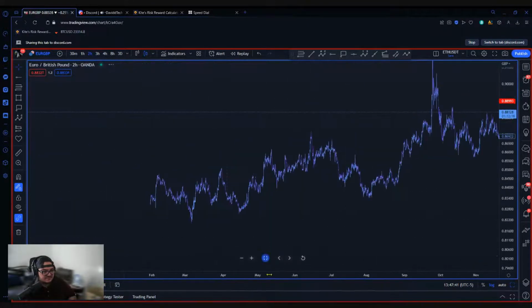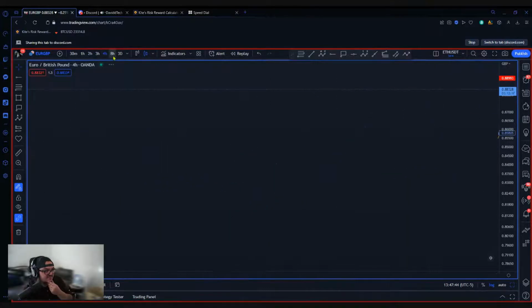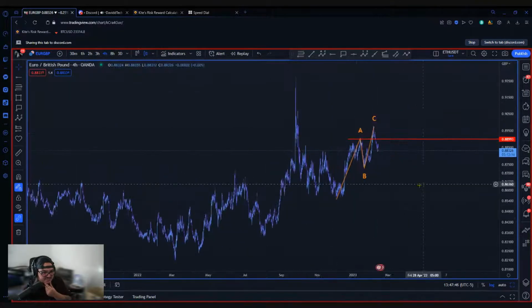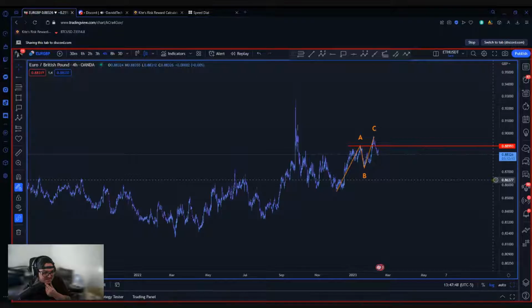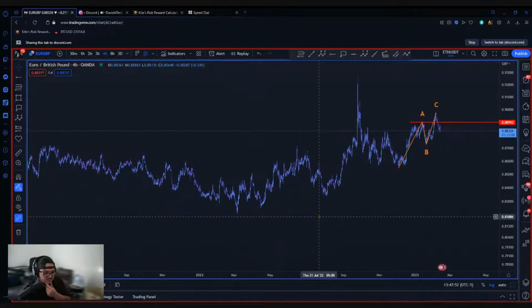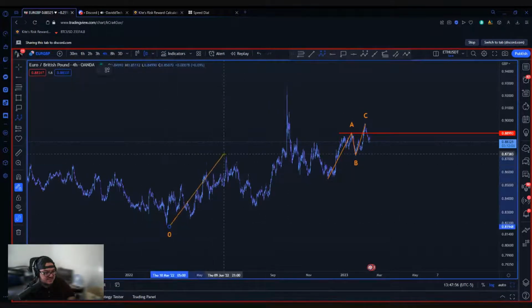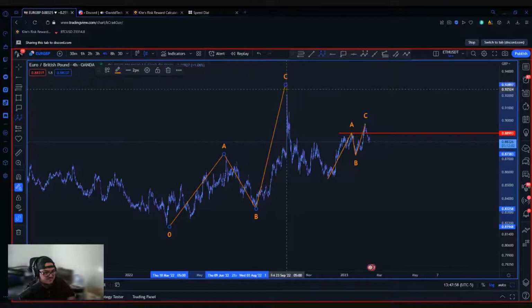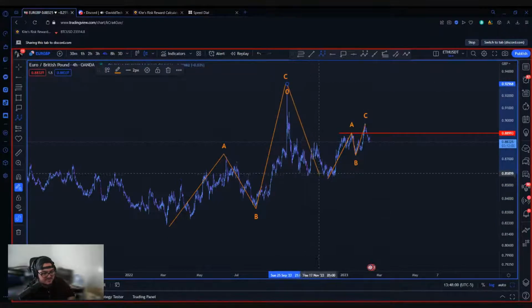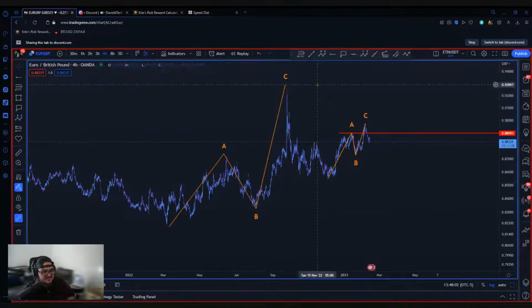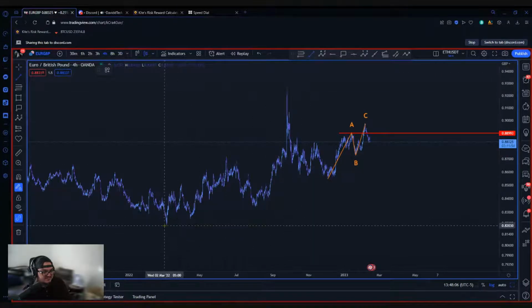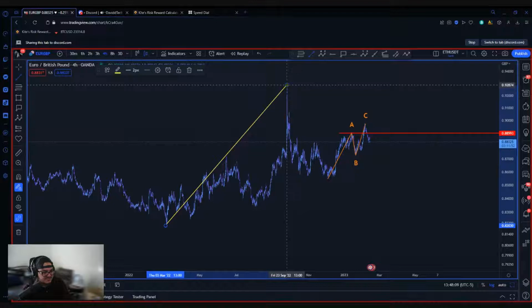Let me look and see. The thing with Forex is I want to see if I can find major larger trends. Okay. This looks like an A, B, C here. And then we're possibly working on an A to a B situation here. So I would view this as a completed structure.